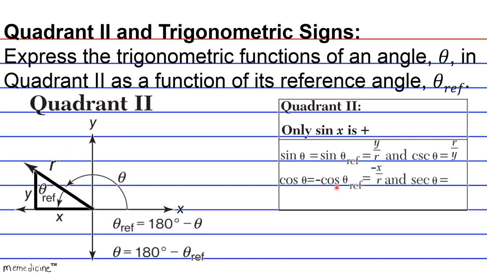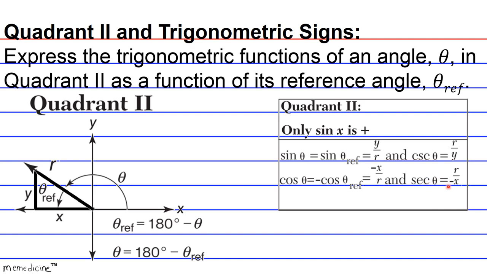And so the cofunction, which is just a reciprocal of the cosine of theta ref, you can pretend that this is theta ref here, is going to be the hypotenuse segment length divided by negative x. I really should have had the secant of theta ref, but you get the point.